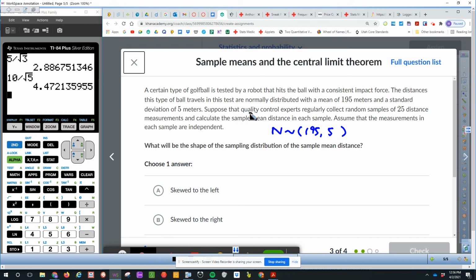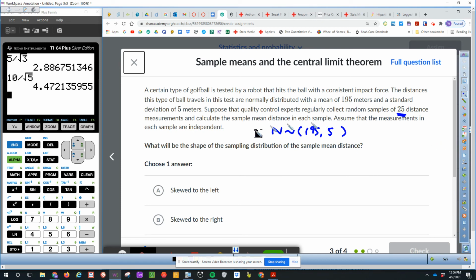Suppose that the quality control experts regularly collect random samples of 25 distance measurements and calculate the sample mean distance in each sample. Assume that the measurements in each sample are independent. What will be the shape of the sampling distribution of the sample mean?